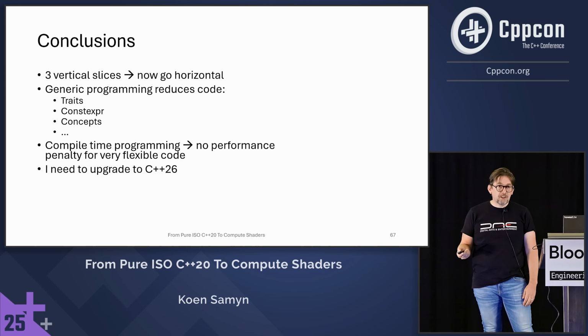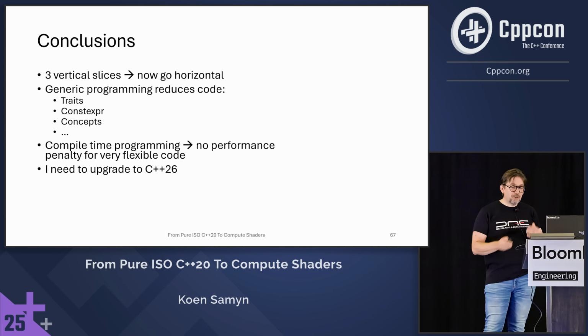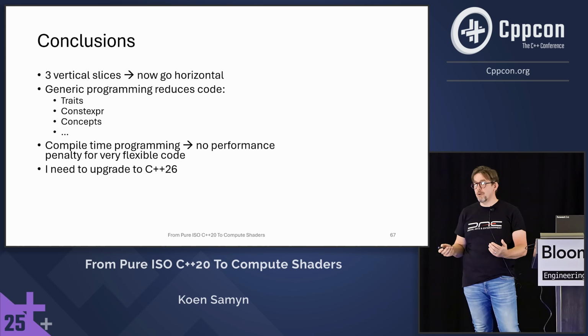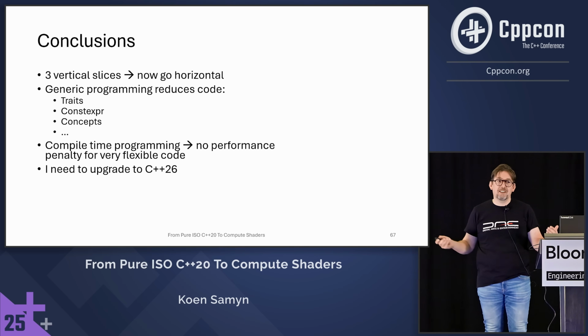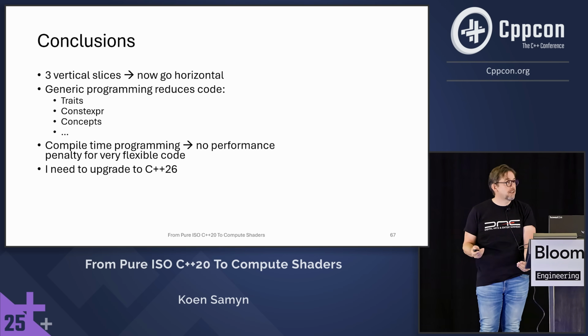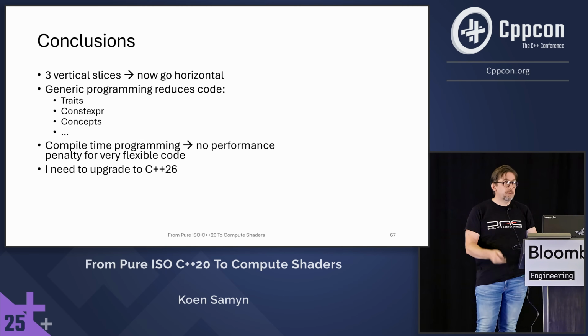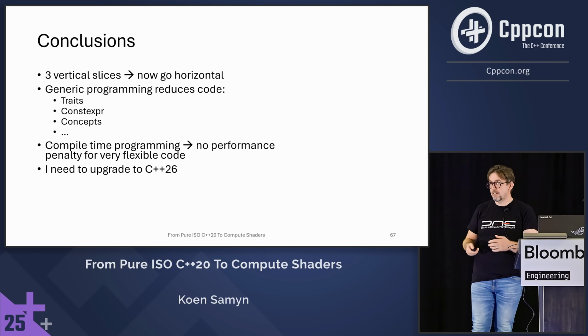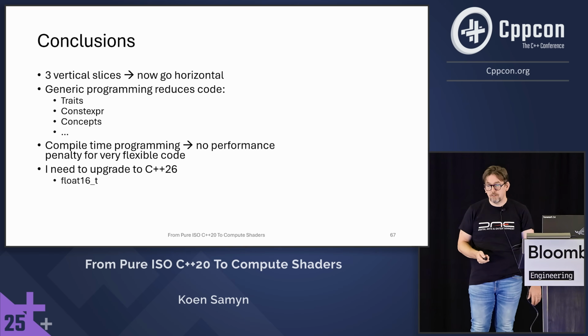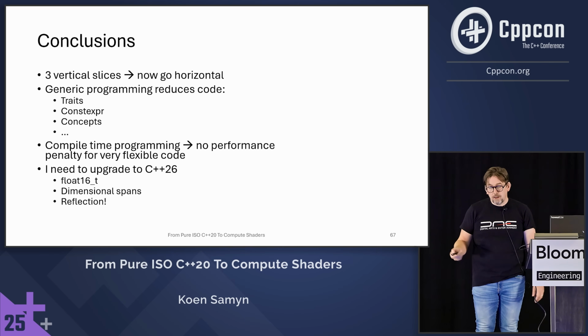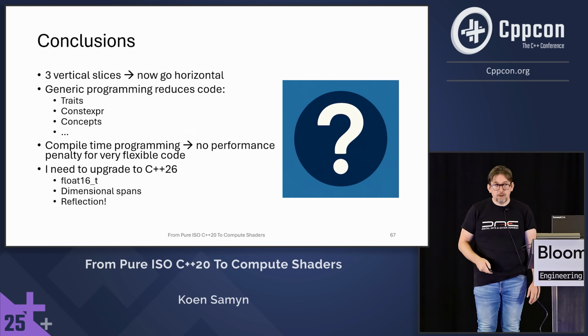And I also need to upgrade to C++26 because to bind those buffers and these images, that's really code that you do not want to write because it's pretty deterministic what you need to do. Also I don't want to have a vector of image bindings and then iterate over that vector. That's polluting the code with stuff that's not necessary. And reflection. All right, any questions?